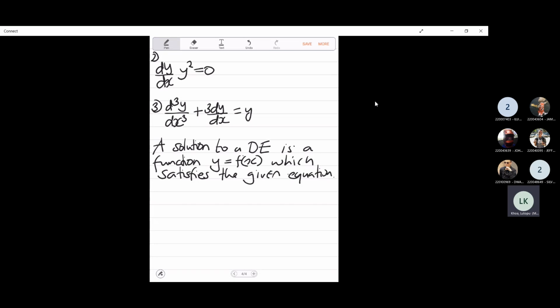Okay, so when we say find the solution, we just want an equation that when you substitute it in there, it satisfies the equation. So we can look at examples of this.